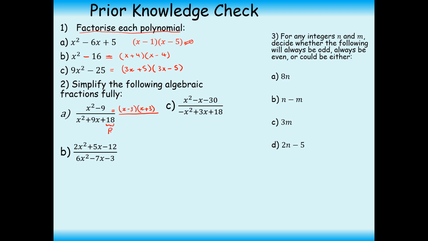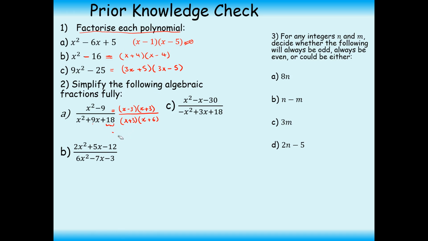So we treat this 18 as a product of the two numbers we're looking for, and 9 must be their sum. So you're going to write out all the factors of 18. 2 and 9 don't add up to 9. 3 times 6 does add up to 9. Therefore, we're going to take x plus 3 and x plus 6. And multiplying these brackets will give you what's on the left.